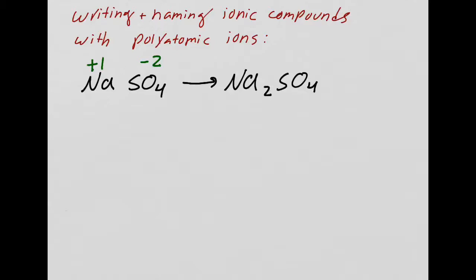Now, what we want to do is name them. How would we name this? Naming is a little bit different. Na is sodium and SO4 is sulfate. So sodium sulfate. Now, how come I didn't change the ending to "ide"? Before with the simple ions, you used to change the naming to "ide".